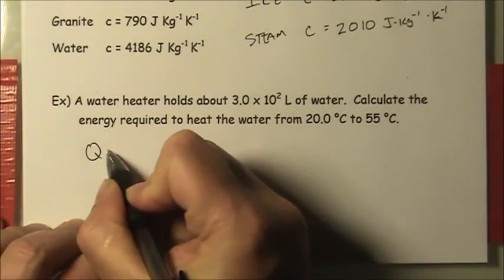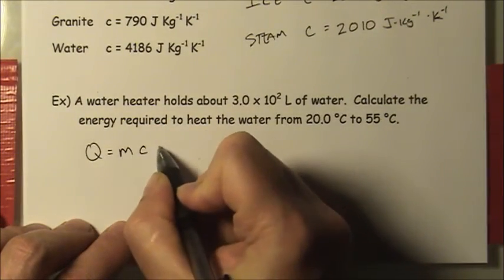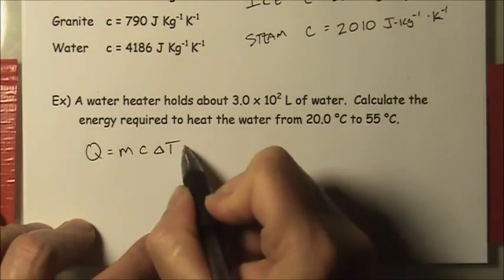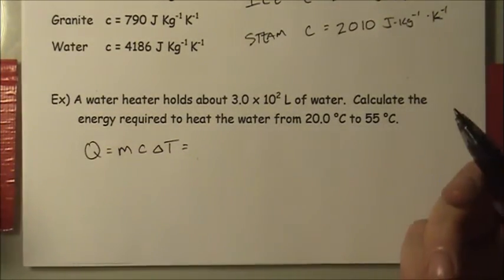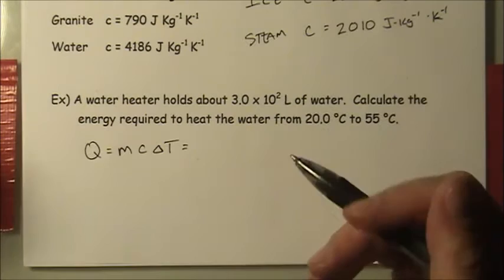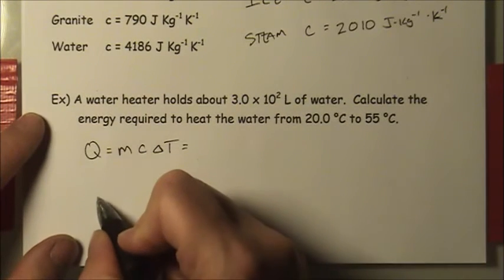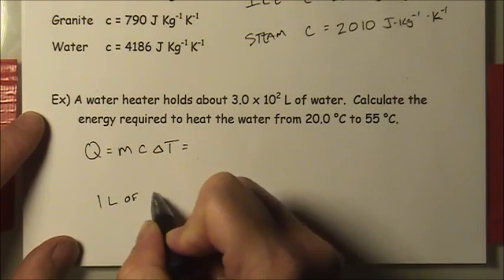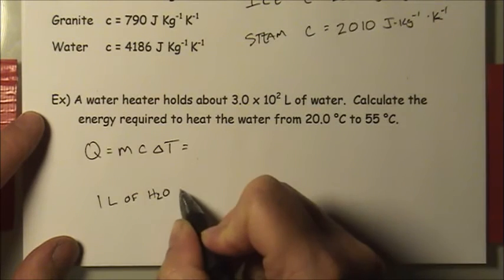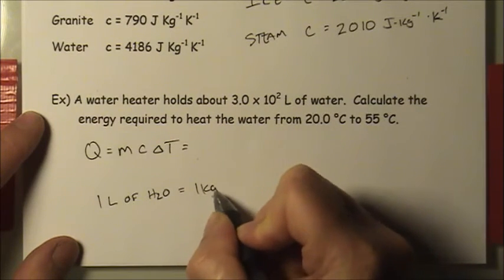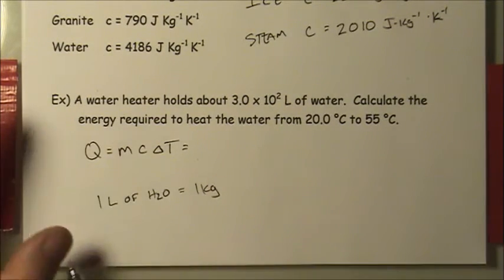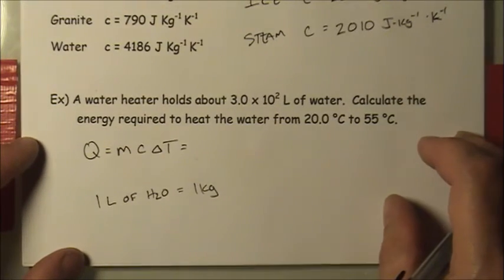So Q is equal to MC delta T. Now, one thing that's really important to remember is that 1 liter of water is equal to 1 kilogram. This is part of how the metric system was defined.